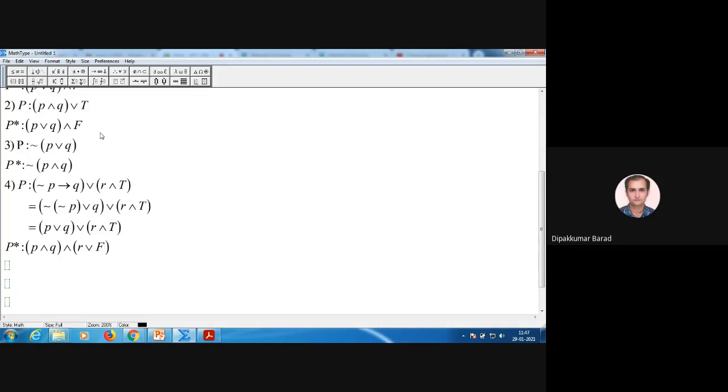When you write the dual statement for the given statement, you have to replace and by or and or by and, and T by F and F by T. Here, as we have P or Q, I have written P and Q, and here we have or, so I have used and, and R and T becomes R or F.